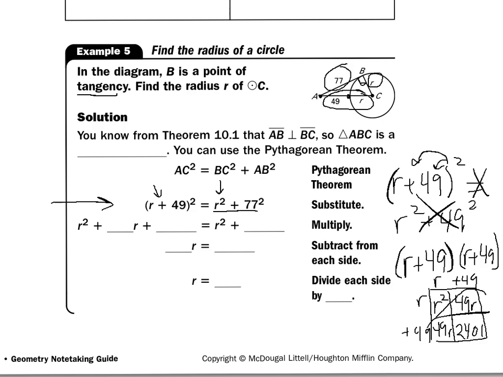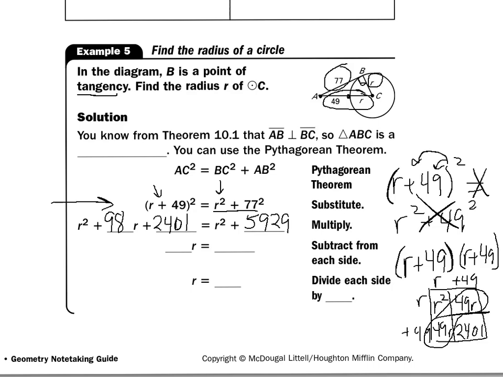Then all we have to do is collect these two like terms to make that 98r, and then write it over here. Okay, this equals r squared plus 77 squared. 77 squared is 5929. Now I've got it set up so I can solve it.